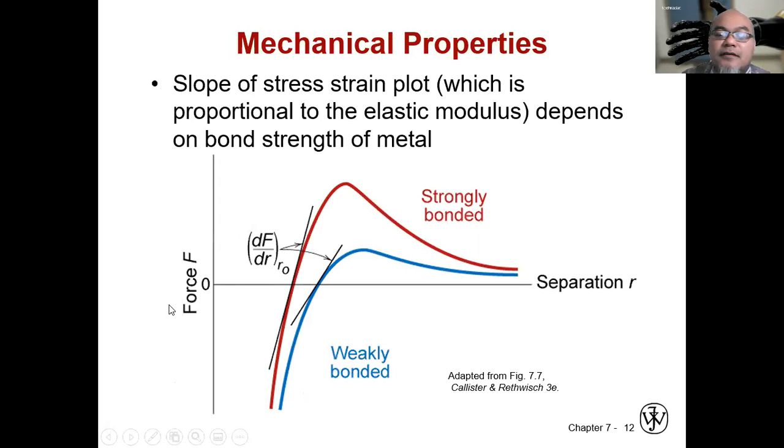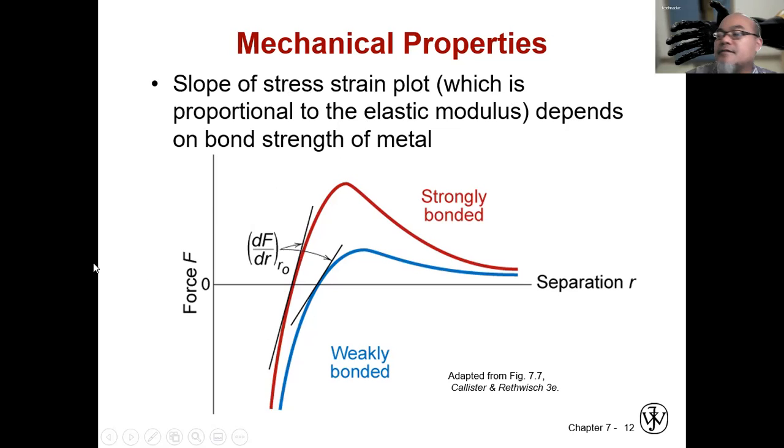So remember the plot of force versus separation in the atomic chapter about atomic binding. The slope of the stress-strain plot, which is proportional to the elastic modulus, depends on the bond strength of the metal.